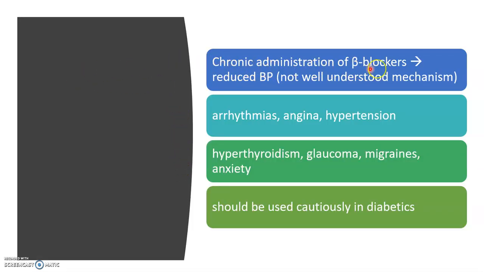Chronic administration of beta blockers will cause a reduction in blood pressure, and beta blockers are used to treat arrhythmias, abnormal rhythms of the heart, angina, hypertension, which is high blood pressure, hyperthyroidism, where you have increased thyroid hormones due to many conditions, glaucoma, increase in your intraocular pressure, migraines, and anxiety.